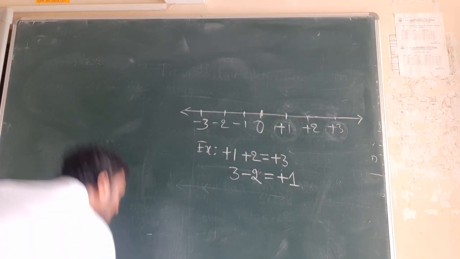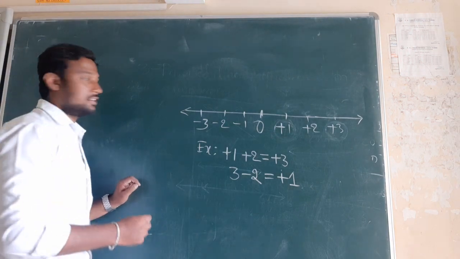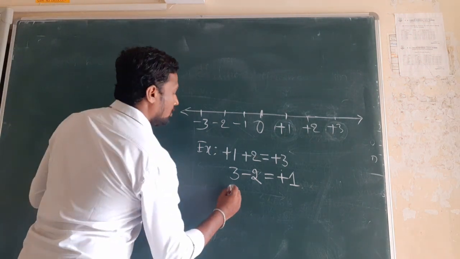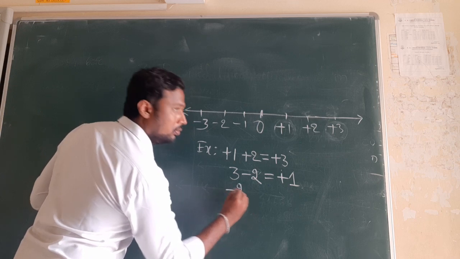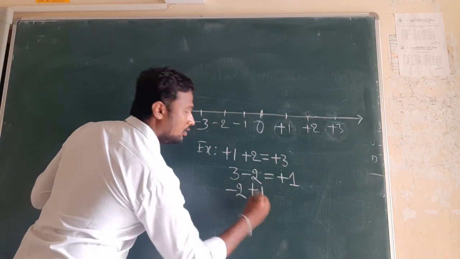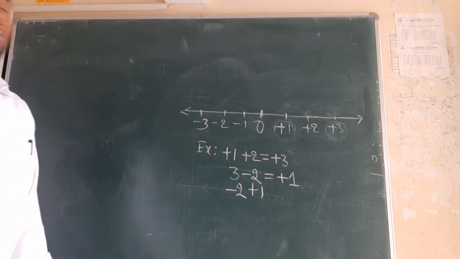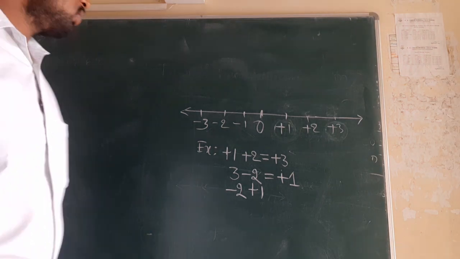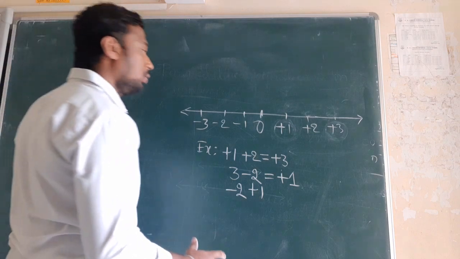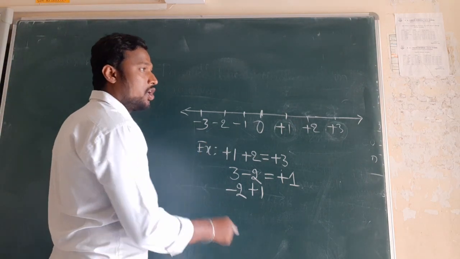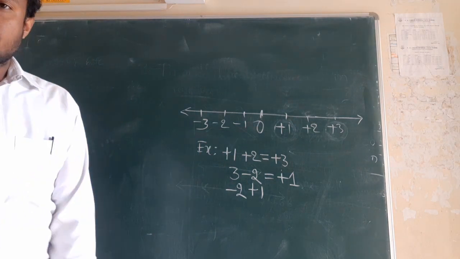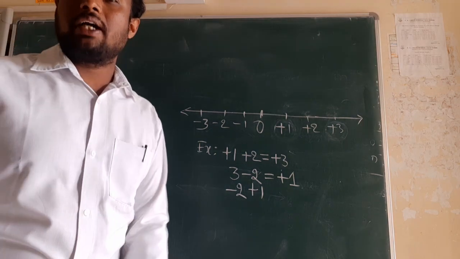So now I will consider the next example, that is minus 2 plus 1. This is my next example, means third example, minus 2 plus 1. So here what we are doing, we are adding 1 to minus 2. We have to add 1 to minus 2.